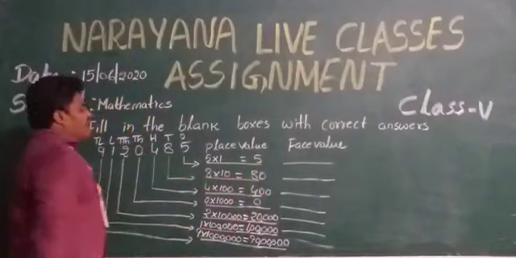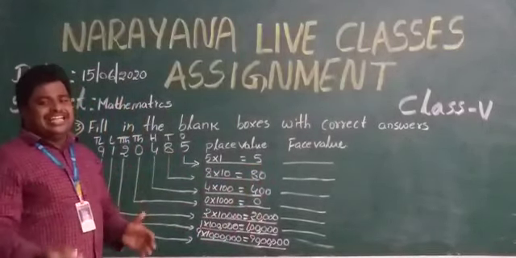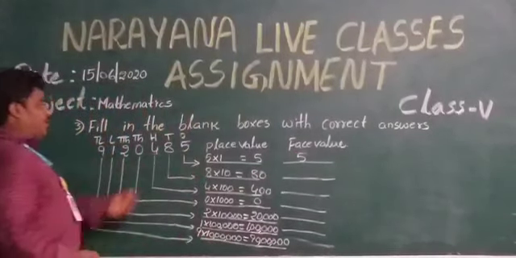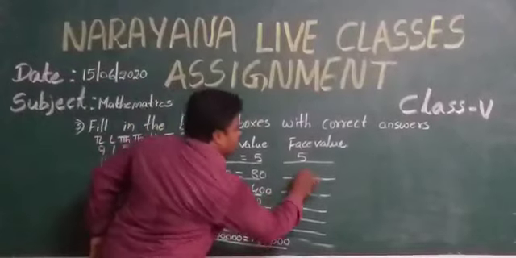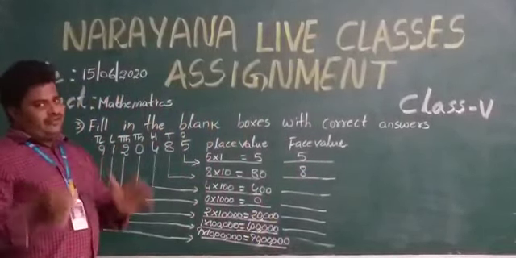Next, face values. Face value means the digit itself. So 5 face value is 5, 8 face value is 8. Already discussed about it: when you stand in front of a mirror, your face appears.